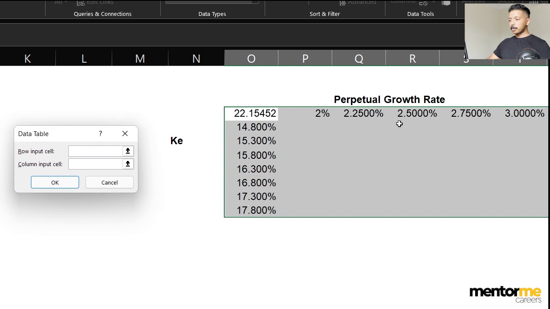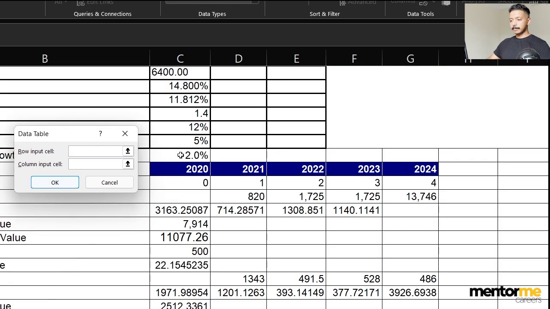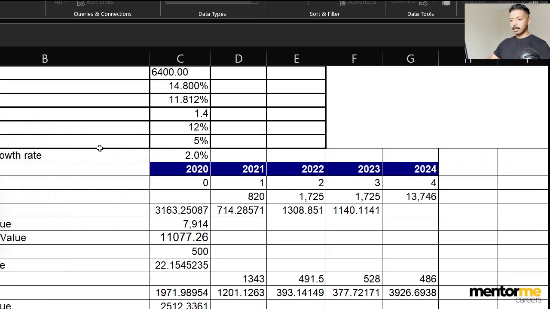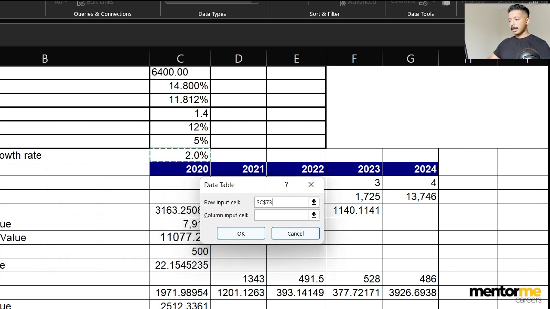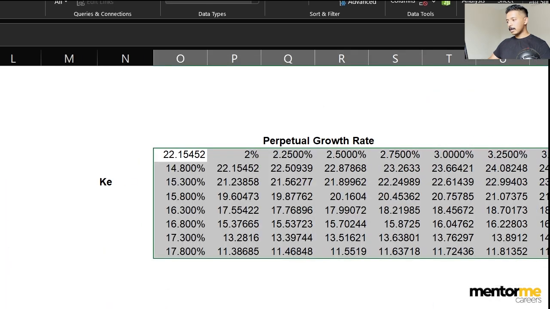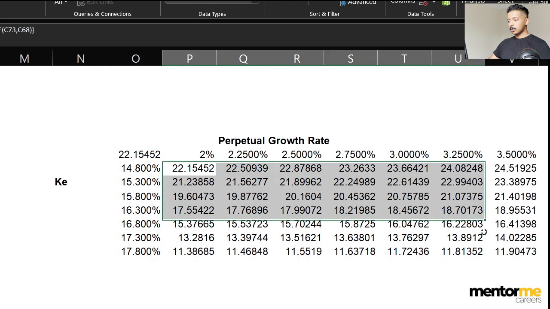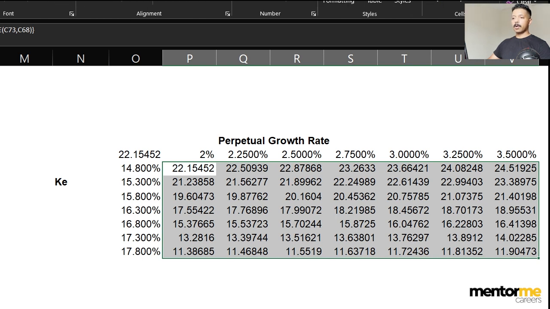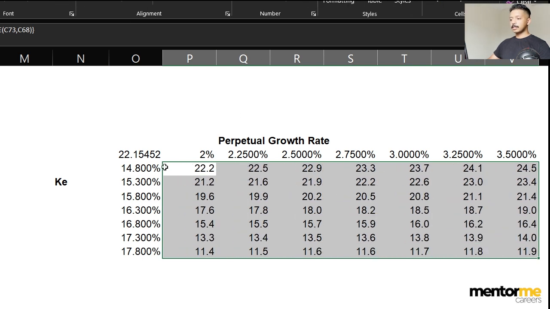So row input out here is perpetual growth rate. Okay. So the perpetual growth rate is out here 2%. And in case of the column, we have the cost of equity, and we see what values we get. So there you go. And you are always welcome to change the values and see what exactly happens out here.